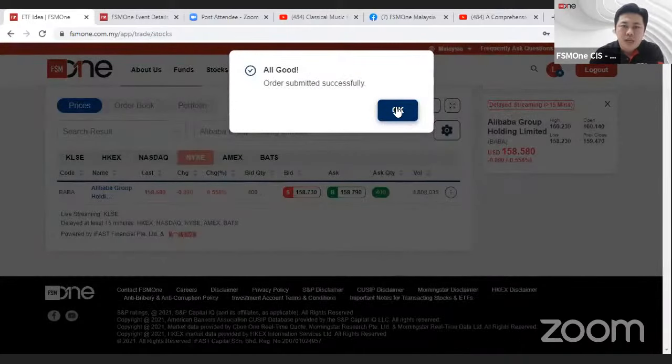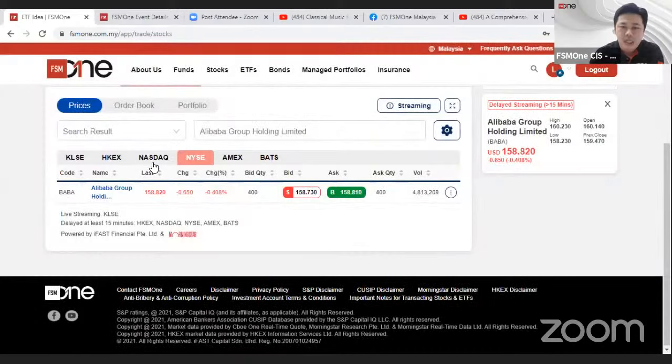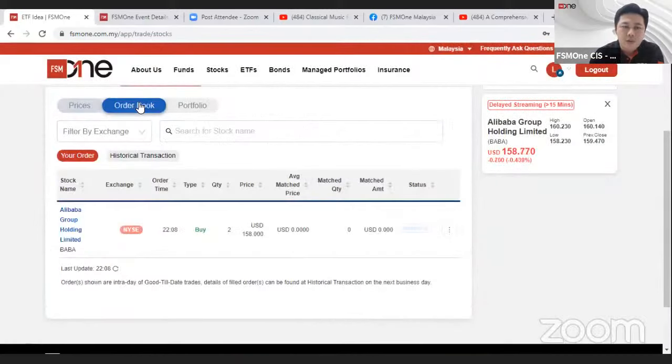So now my order is submitted successfully. Then I can go to the order book to check my transaction. Under order book, you can click this particular symbol, refresh, to check the latest status accordingly.